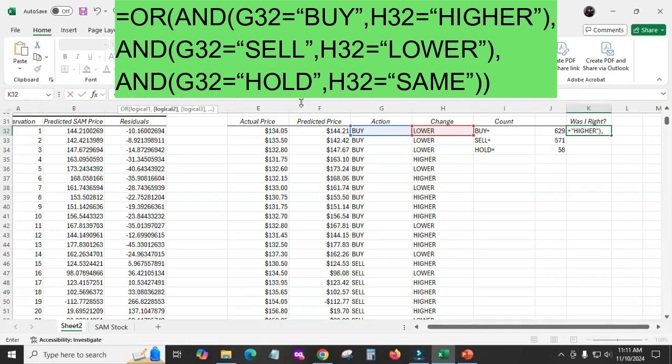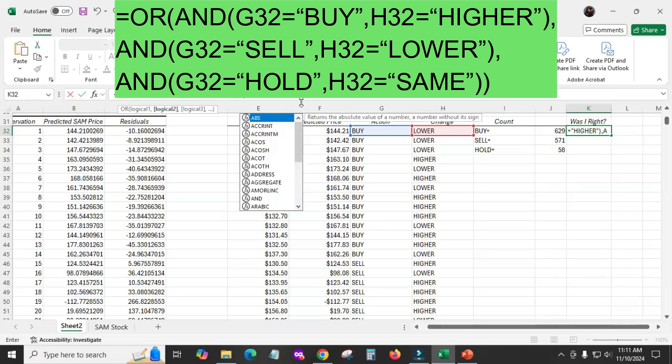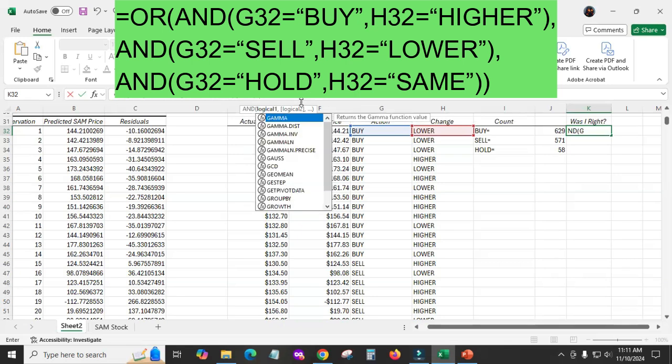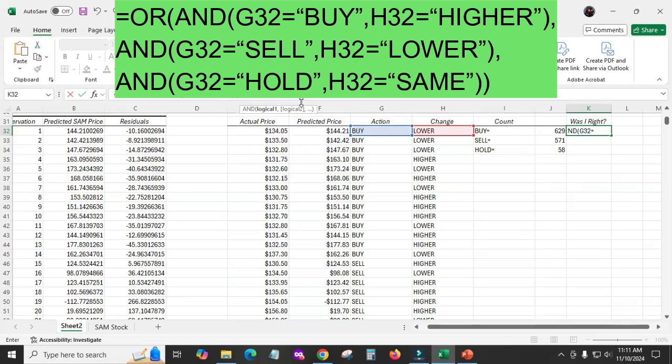Comma. We have another true statement here. This is why we have or, because we have multiple logical statements lined up alongside each other. Or and, parentheses, G32 equals "sell", comma, H32 equals "lower", parentheses.